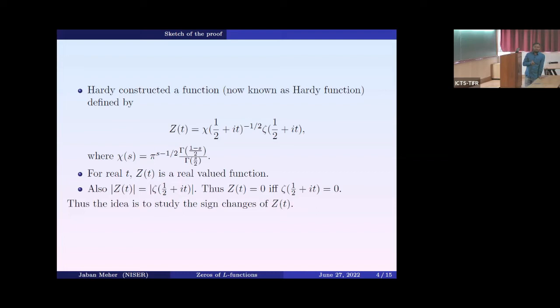So ultimately the aim is to prove that there are infinitely many sign changes for Z(t). Once we have infinitely many sign changes for Z(t), this will imply infinitely many zeros for Z(t), and this will imply that we have infinitely many zeros of the zeta function on real part of s equal to half.